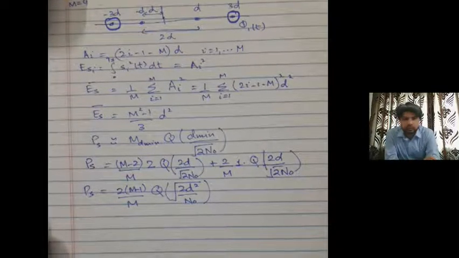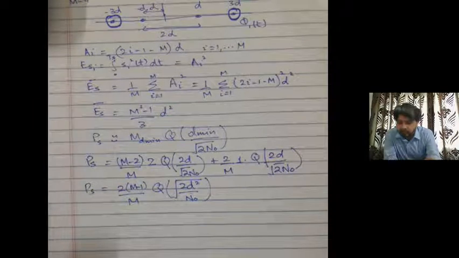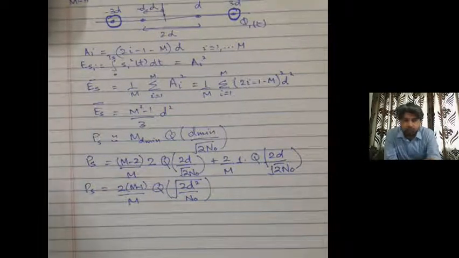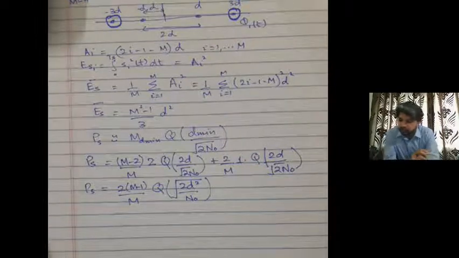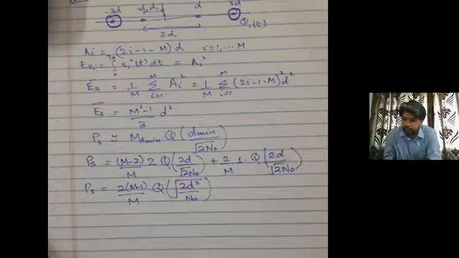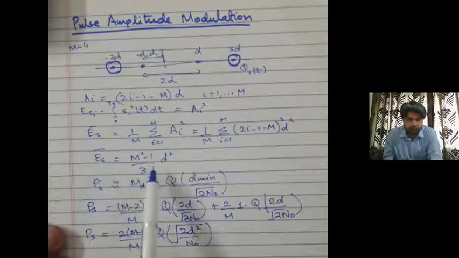But now you don't want your symbol error probability in terms of this d, which is arbitrarily defined, which should be connected to your symbol energy. But how would you convert this 2d squared over N naught into something which is related to the symbol energy? So remember, we computed the average symbol energy. So this is related to d squared. Right?